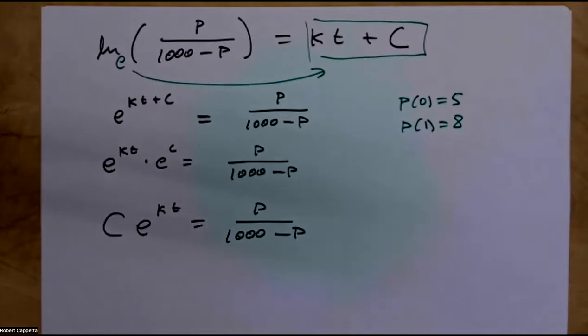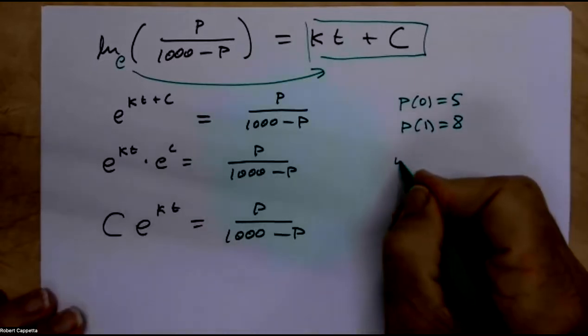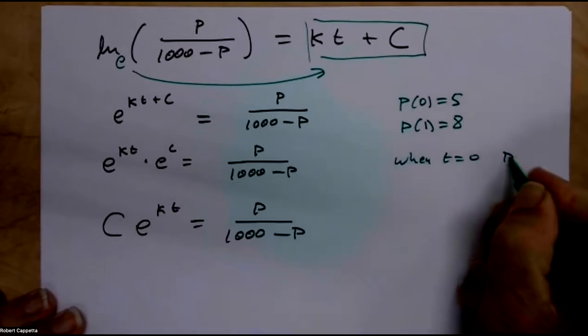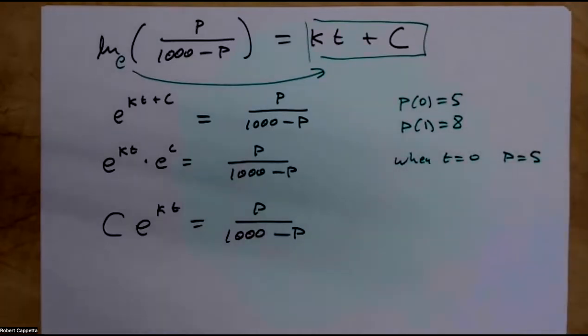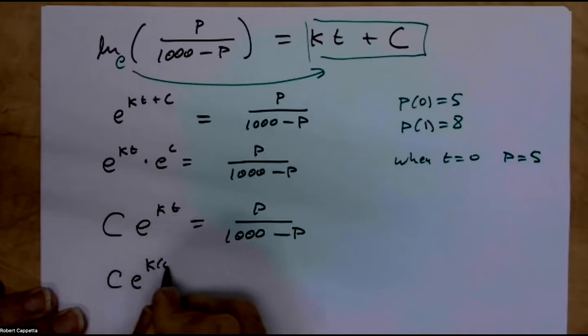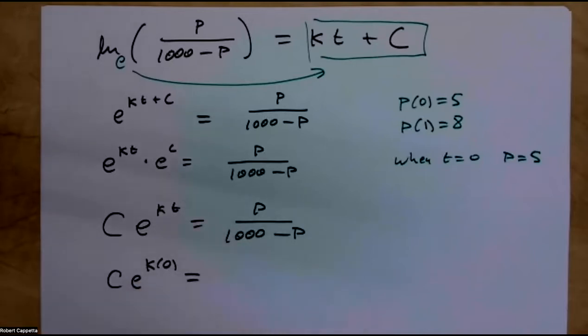Let's stick with the p of 0 is 5 part first here, which means when little t is 0, big P is 5. What does that give me? C e to the k times 0 equals 5 over 1,000 minus 5.